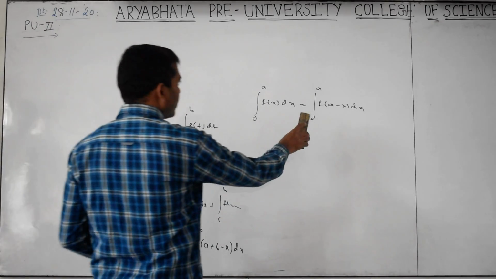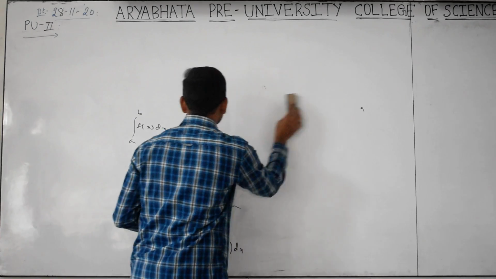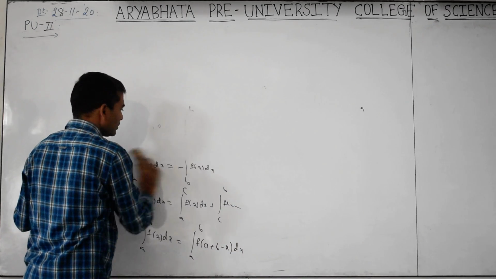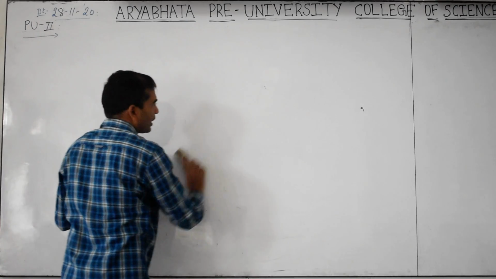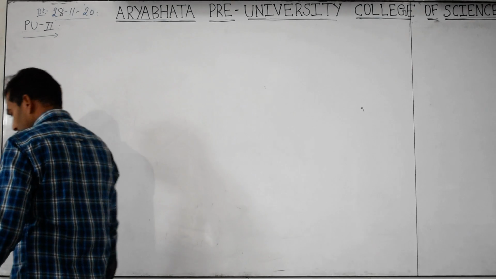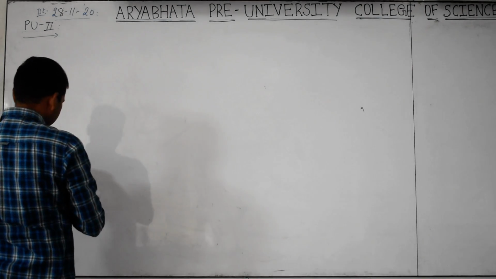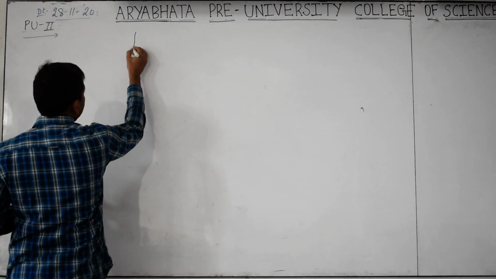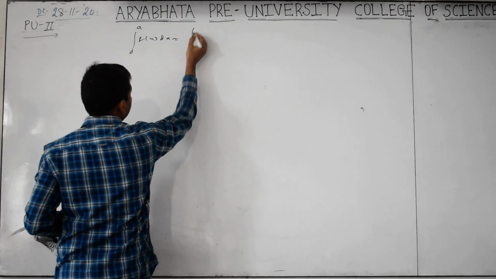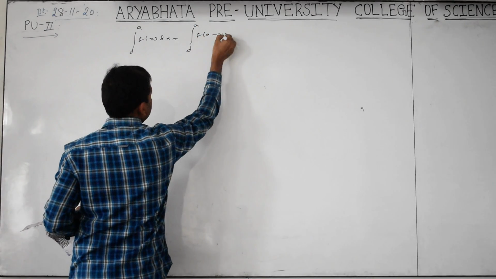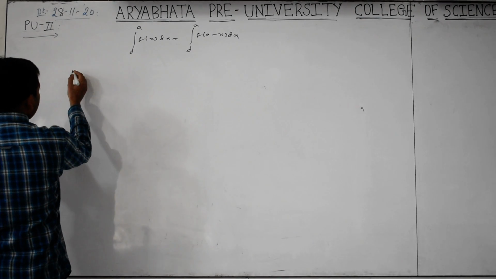Let a minus x equal to t. By using this property, we will practice. What is the property? Integration of 0 to a f of x dx equals integration of 0 to a f of a minus x dx.